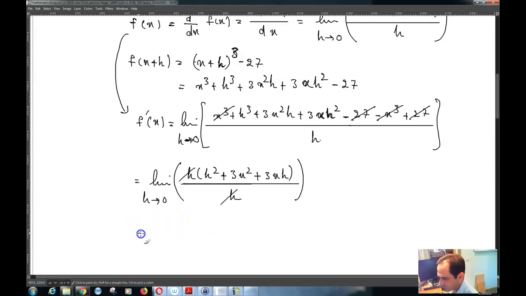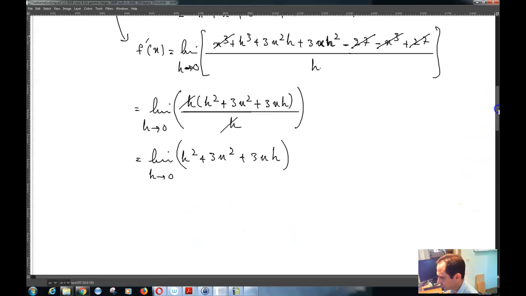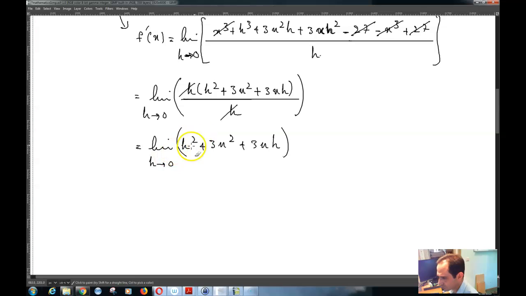This is then equal to the limit of h squared plus 3x squared plus 3xh as h tends to 0. And in the limit, when h tends to 0, this goes to 0, this goes to 0, and then you're left with 3x squared.